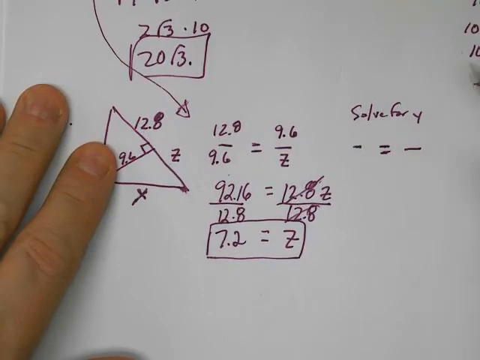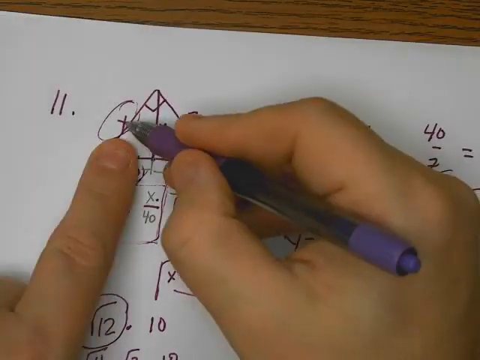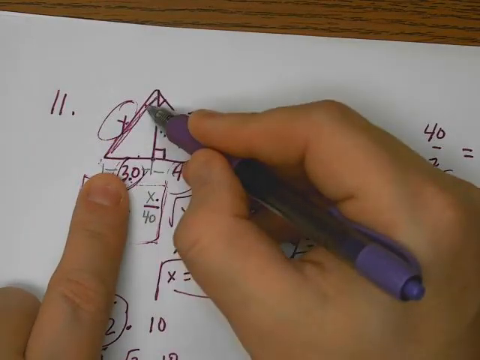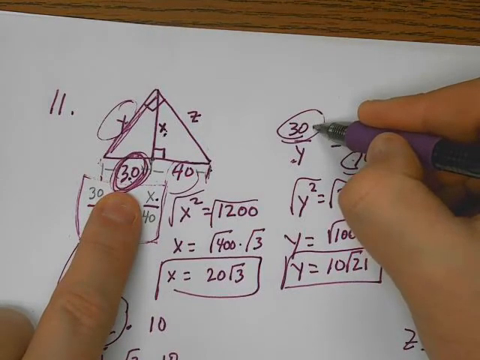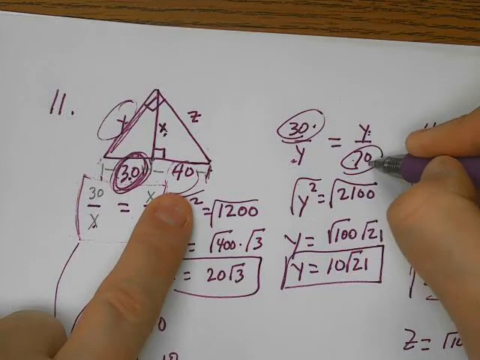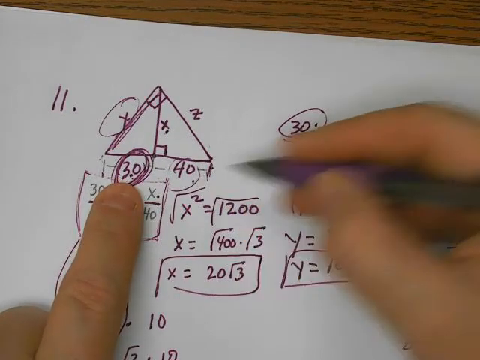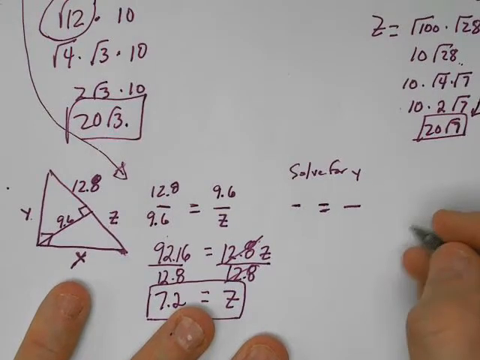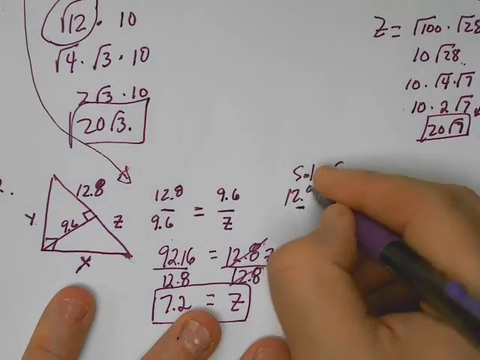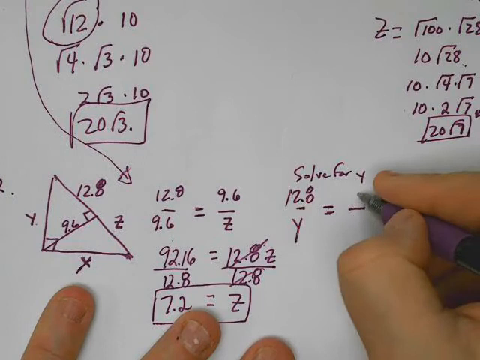You need to see the first one again? Okay. So here's your leg, y, and it's to the adjacent side, 30, to the entire side. So I added 30 plus 40 together. Got it? Back to here.